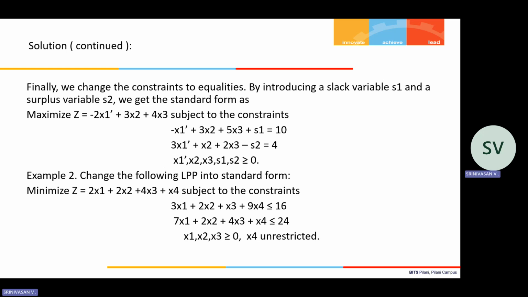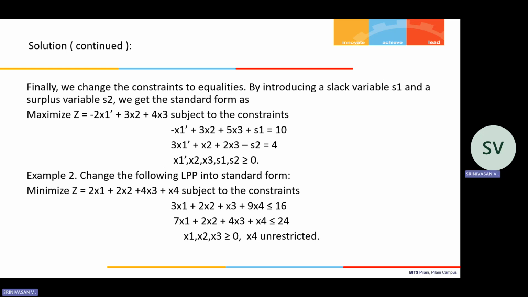That we'll see. And also you must see that there is a word minimize. Now how do we change it when we are writing it in standard form? In maximization, there is no problem, you will write maximize. When it comes to rewriting, the minimization problem should be converted into maximization.